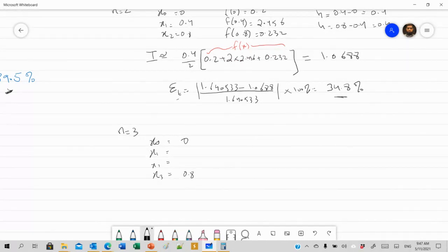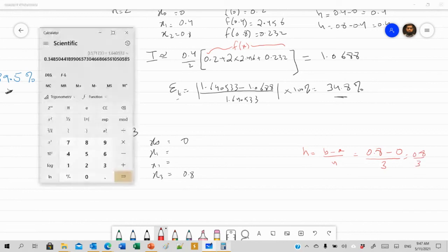In between, the values have to be so that each one is equal. How can we make sure they are equal? We can use this equation, h is b minus a over n, where n is the number of segments. So 0.8 minus 0 over number of segments, which is 3. So it is 0.8 over 3.